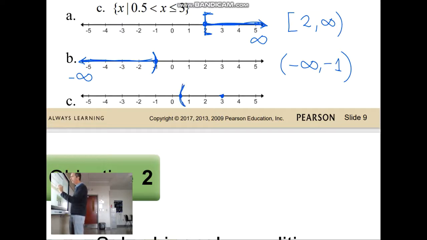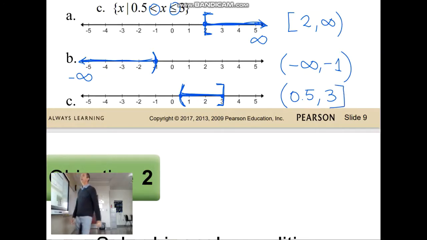See, you don't have the equal sign underneath the inequality. But 3, yes, 3 is included. So we're going to represent with a bracket because we have the equal sign. Everything in between is included. We will represent using interval notation as parentheses 0.5, comma 3. Oops, sorry. And 3 is included, so we will use the bracket.